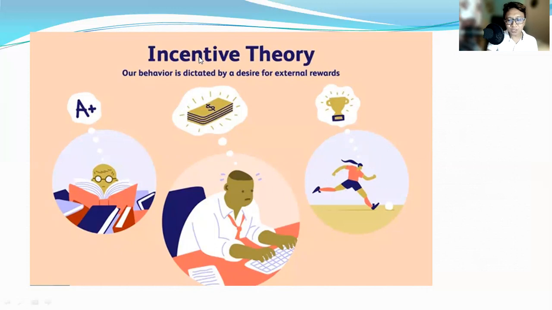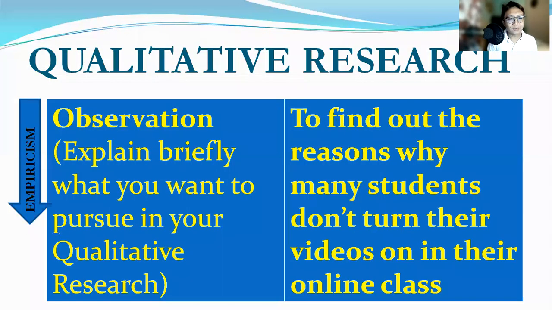What are the questions that we need to ask in our inquiry, so that at some point we may be able to deconstruct a theory later, during the analysis of our data? Here you observe, which is part of the empiricism principle or philosophy. You observe that there are many students who don't turn their videos on during their online class.